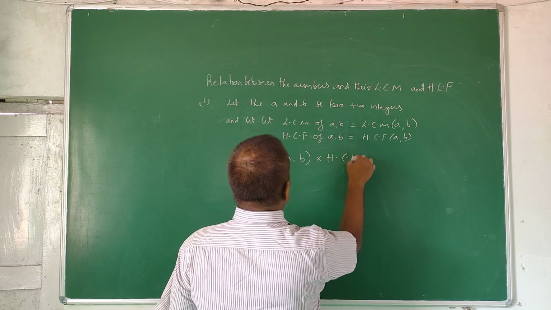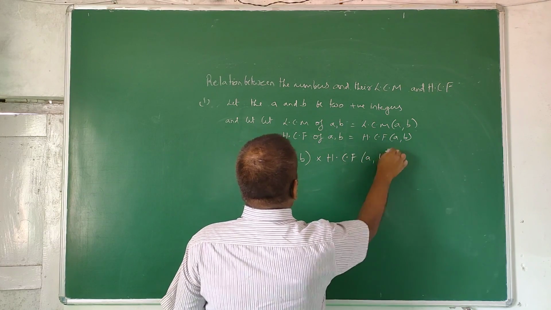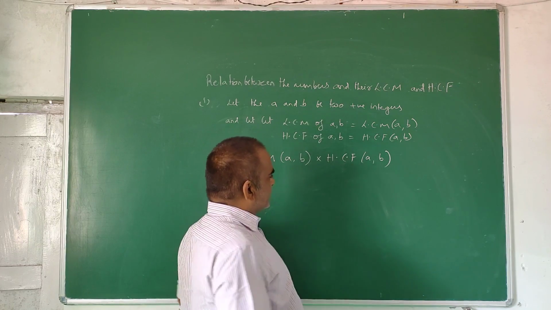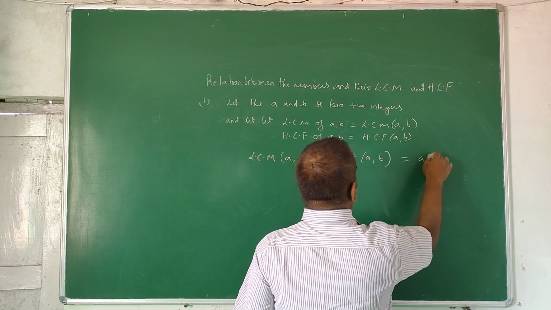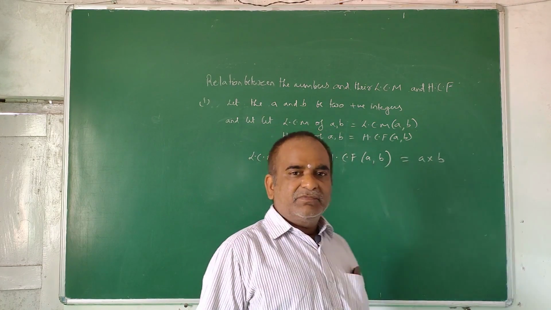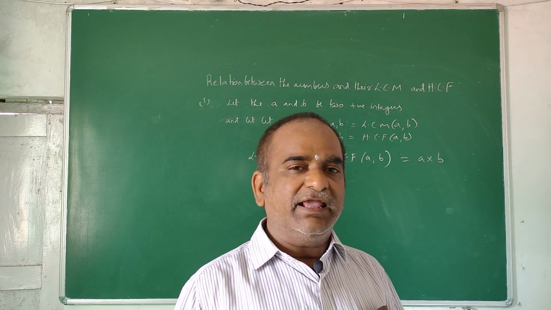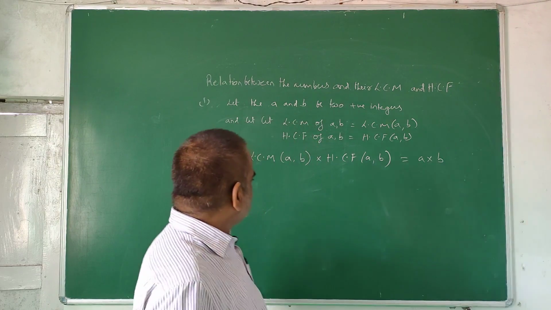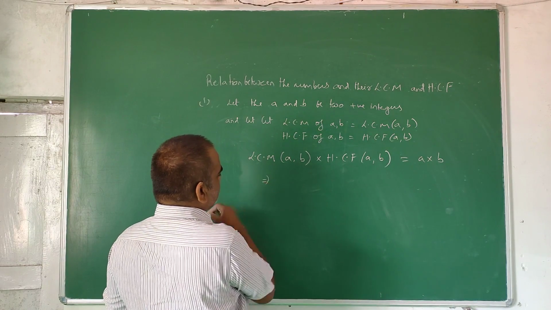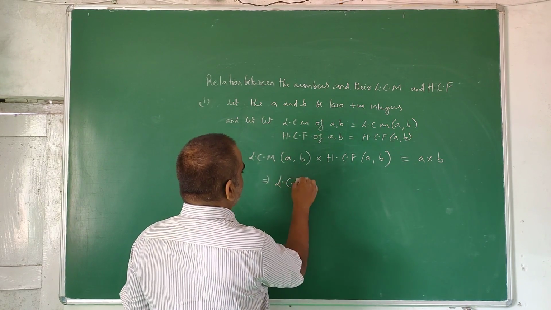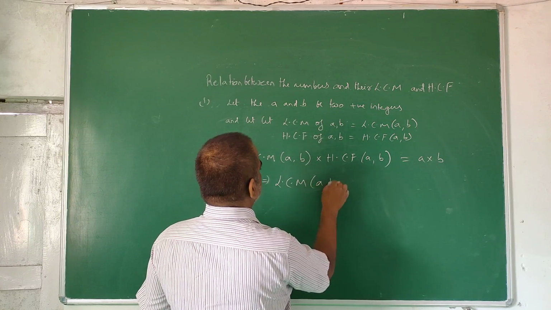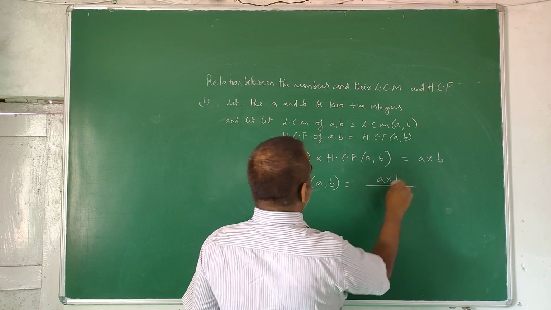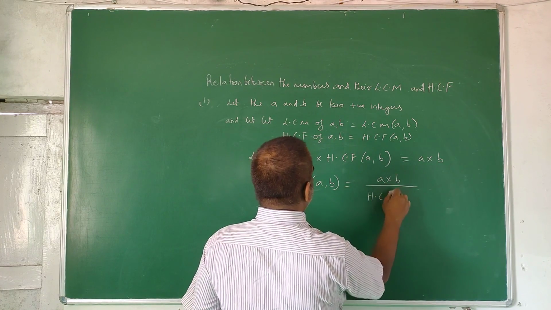So the product of LCM of A, B and HCF of A, B would be equal to the product of the numbers. You can observe this by taking an example also, it is very easy to observe. Now from this, LCM of A, B is equal to product of the numbers by HCF of A, B, isn't it?